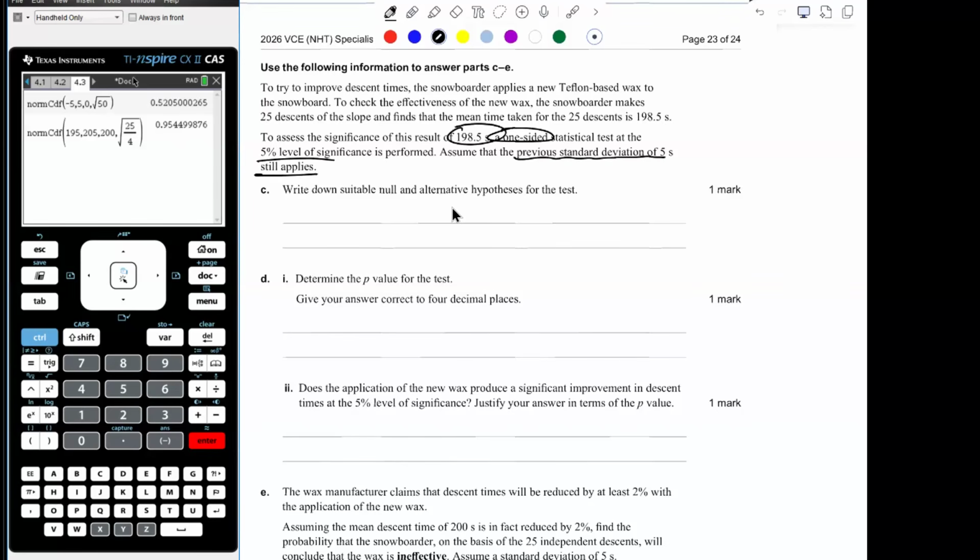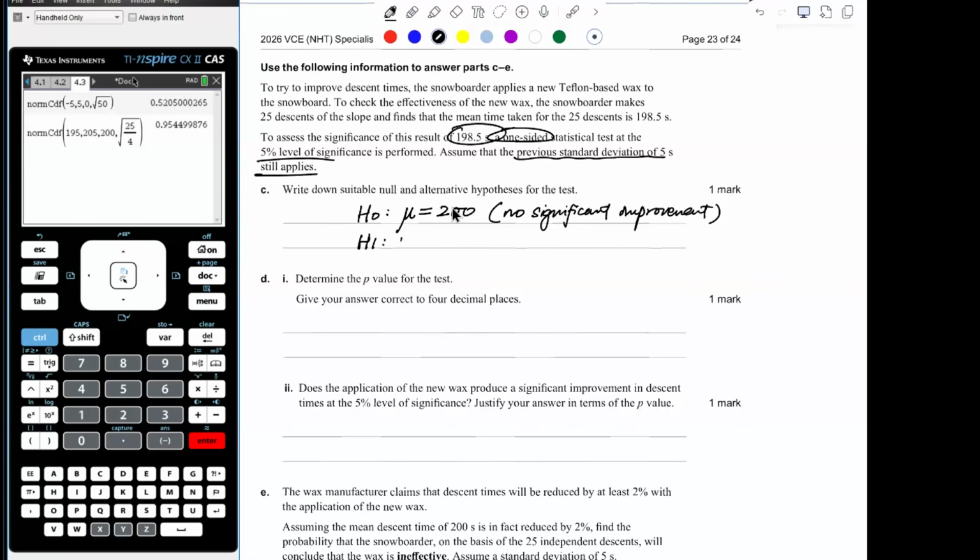So we're comparing this 198.5 with the previous mean value. Therefore, the null hypothesis, we still say, no significant change, no significant improvement. So this is my null hypothesis.